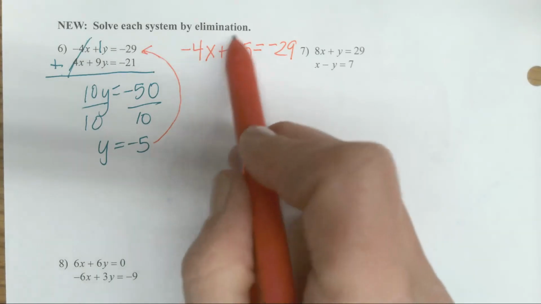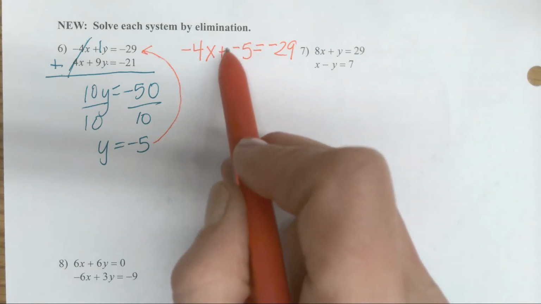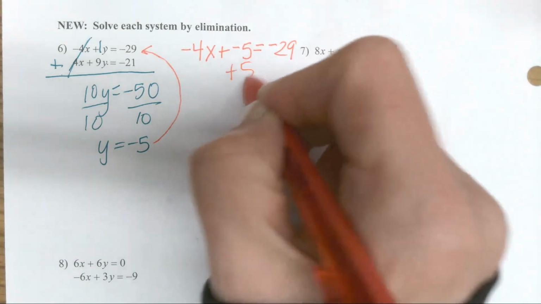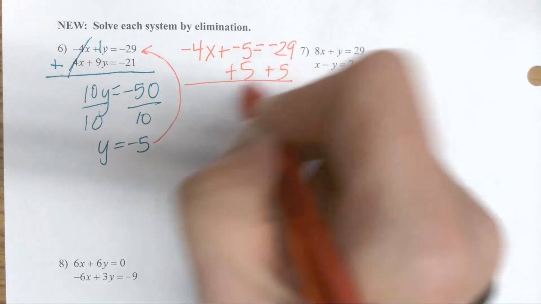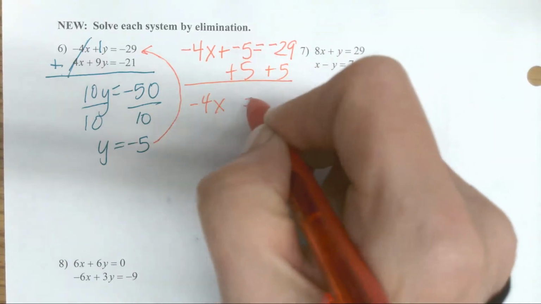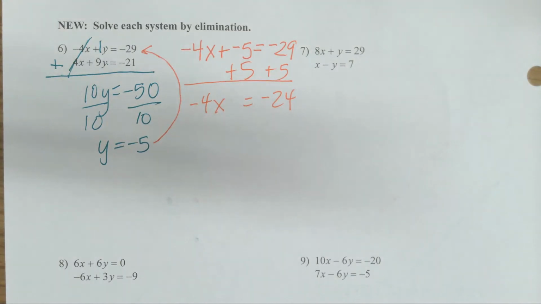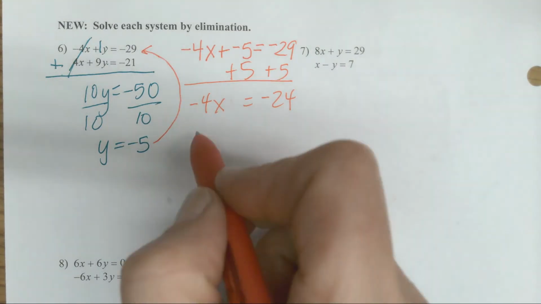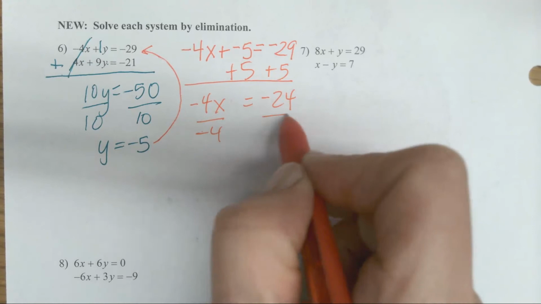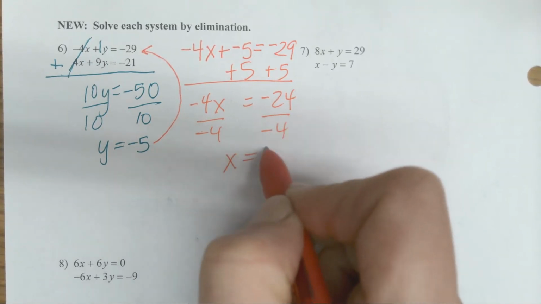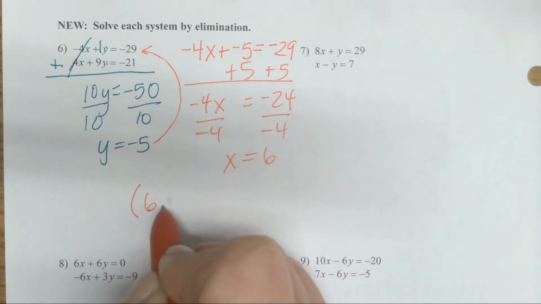How do I get rid of negative 5? Add 5. And then what? Divide by negative 4. So my answer is 6 comma negative 5.